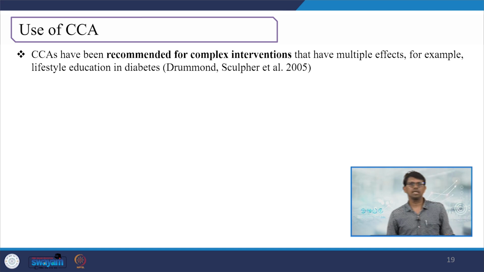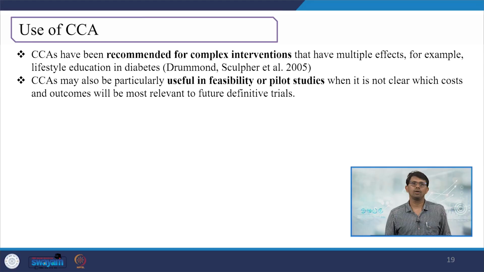Use of CCA. CCA has been recommended for complex interventions that have multiple effects, for example, lifestyle education in diabetes, as mentioned by Drummond and Schulpher et al. 2005. CCA may also be particularly useful in feasibility or pilot studies when it is not clear which costs and outcomes will be most relevant to future definitive trials.